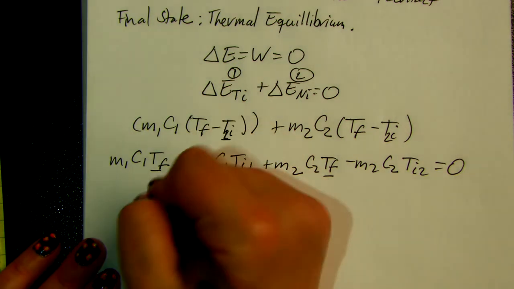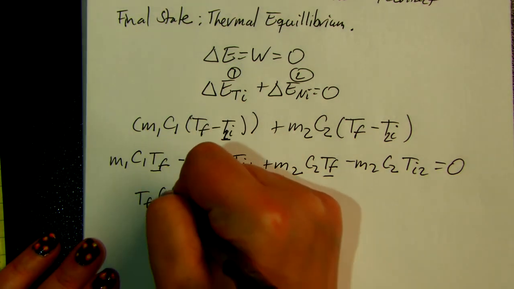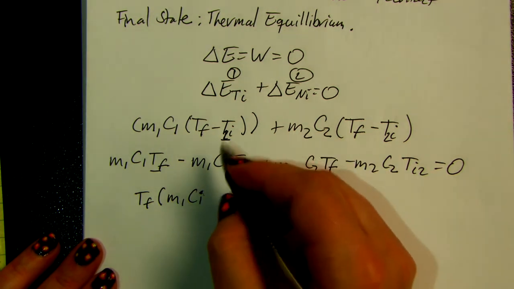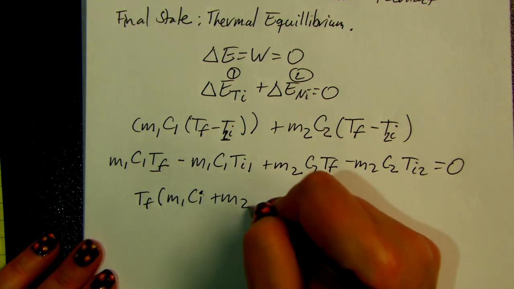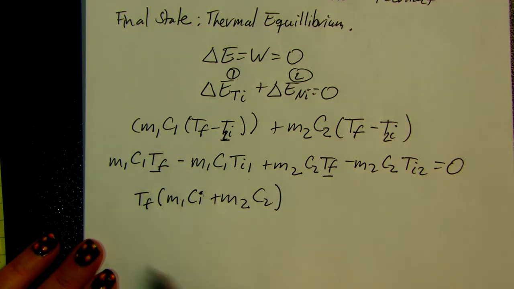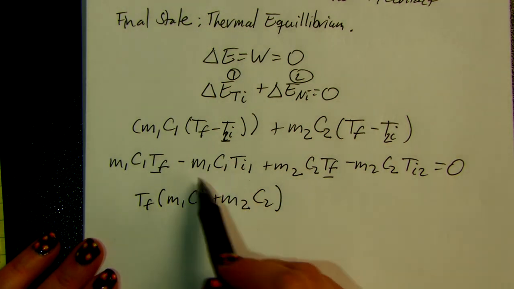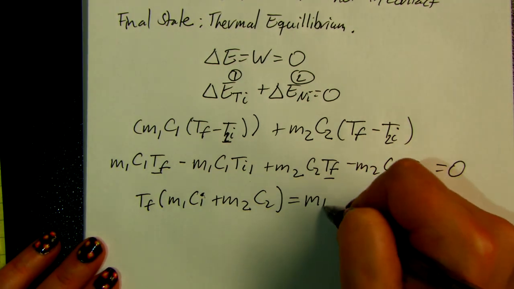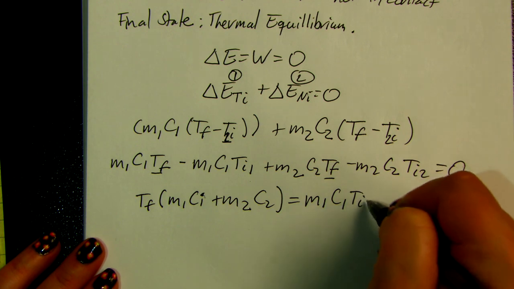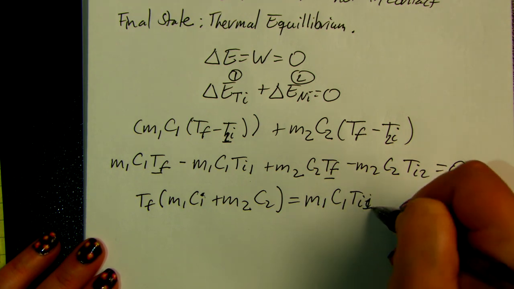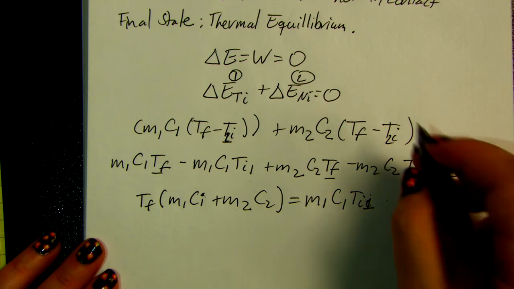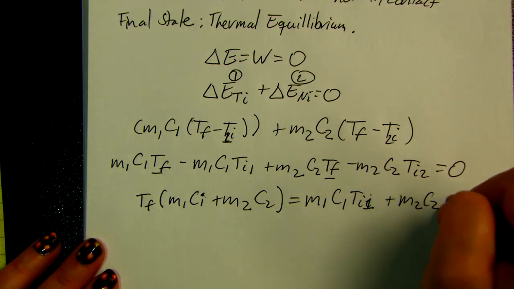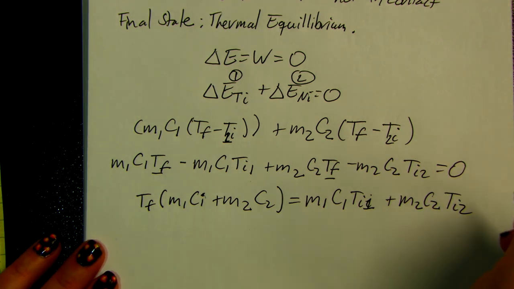So we know that T final times M1 C1, that would be for the titanium, plus M2 C2. So we've factored this out because that's the final state for both. Now I'm going to move everything else over to the other side. So this is going to be equal to M1 C1 T initial 1 plus M2 C2 T initial 2.